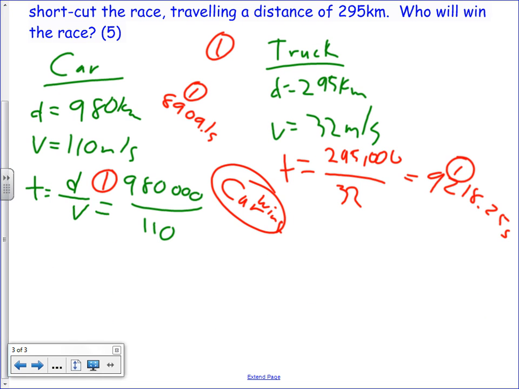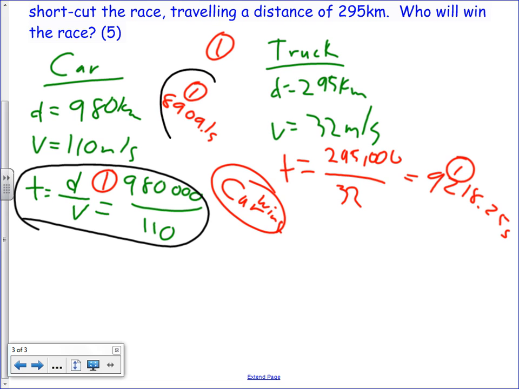Next thing, we need to give them a mark for finding the time for the car. So 980,000 meters over 110 meters per second should give you 8,909.1 seconds. So a mark for the method and a mark for the time for the car. You're not going to get a mark for the method for the truck, because it's exactly the same as the method for the car.